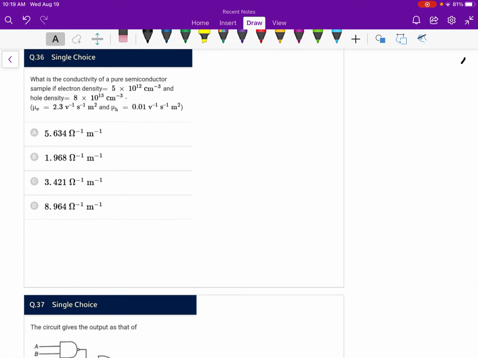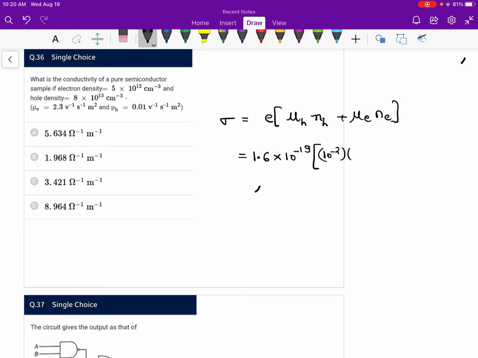What is the conductivity of a pure silicon semiconductor sample if the electron density is this? So conductivity sigma is e times mu h nh plus mu e ne. So 1.6 into 10 to the power minus 19, this is the electronic charge, and the hole density and electron density. mu h is the mobility of holes, which is 0.01, so 10 to the power minus 2, into nh, which is 8 into 10 to the power 13 per centimeter cube.